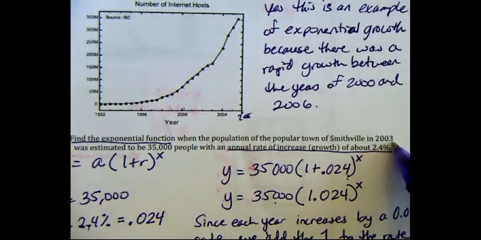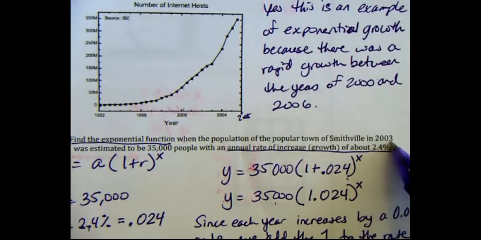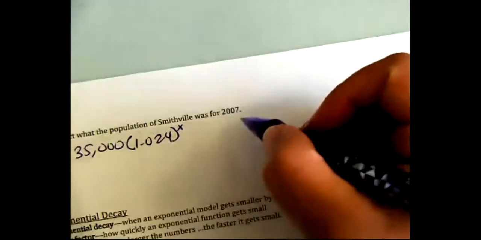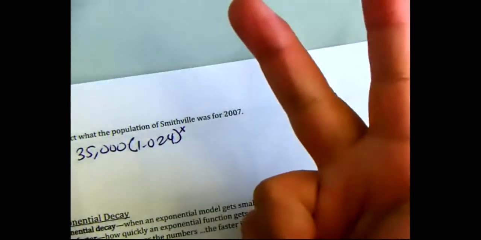So if I'm trying to predict the population in 2007, I need to calculate how many years 2007 is from 2003, because that was when we had our starting population. From 2003 to 2007, we have 2004, 2005, 2006, 2007, right? So 4 years. So our X here is going to be 4.